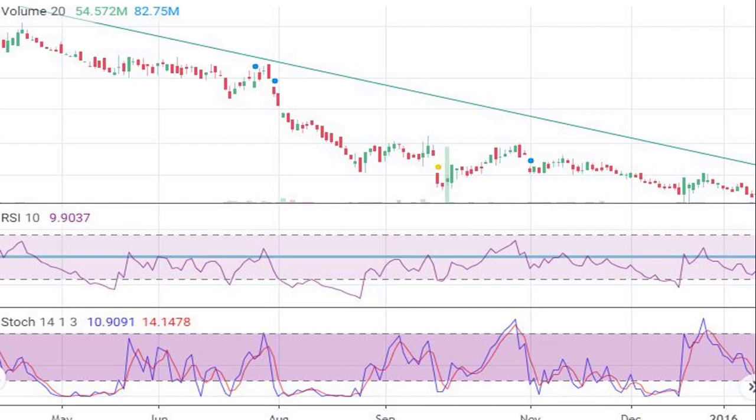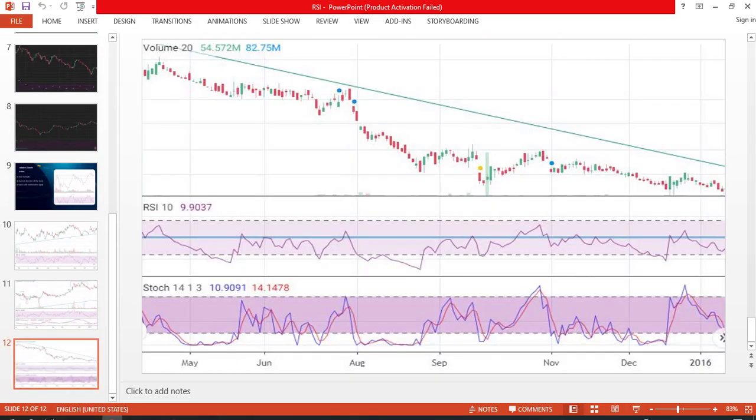Yes, our slides and our descriptions about the RSI indicator have finished. But if you want to use this indicator, be careful. You should do backtesting. You should check the strategy that you want to use in the previous times, in the past.